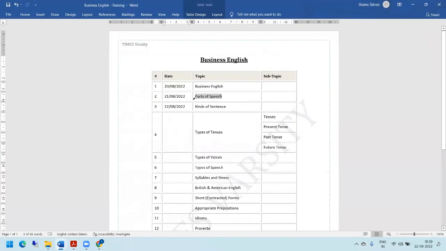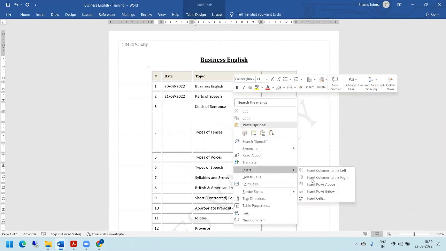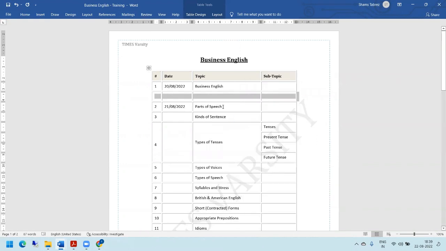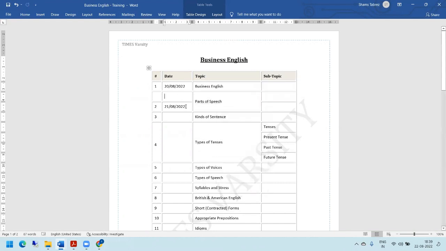So this completes our parts of speech. Tomorrow we will start with a new topic, kinds of sentences. Here, let me add, this is discussed on 21st as well as on 22nd.